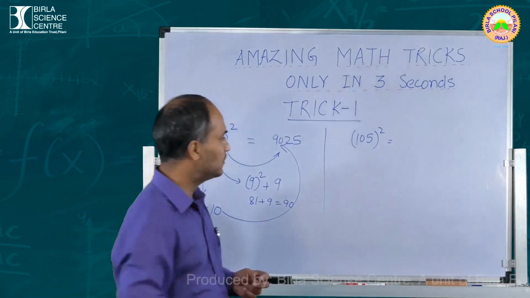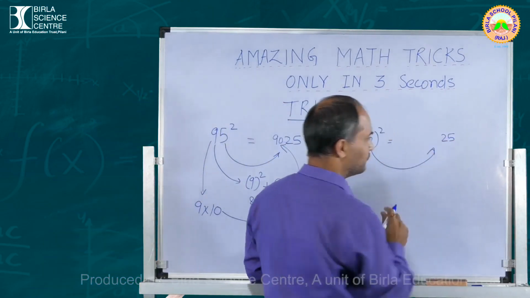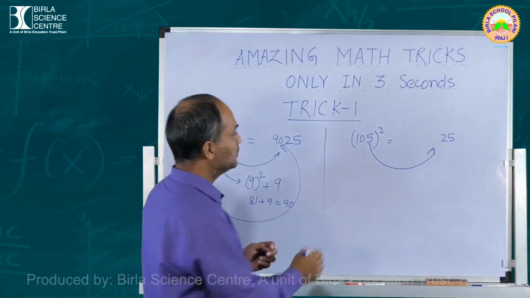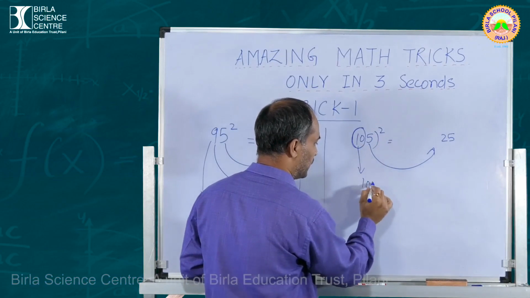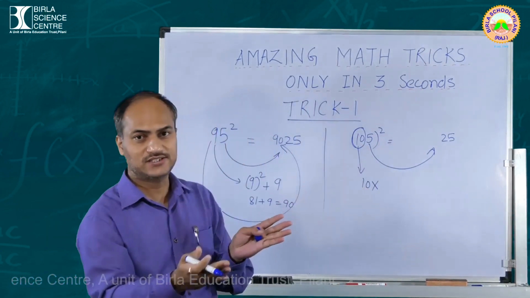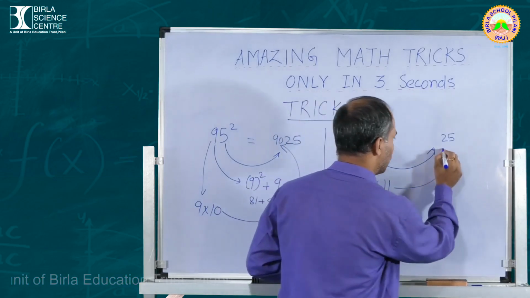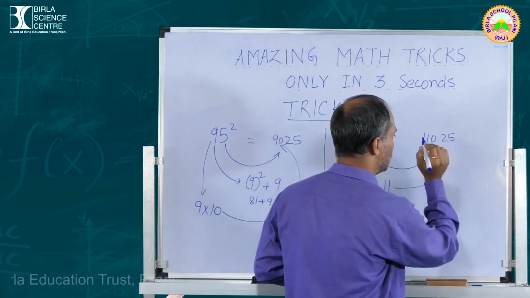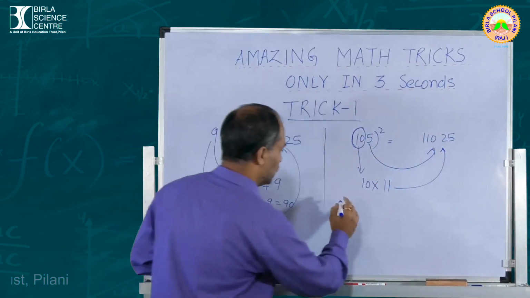The same procedure we are applying. 5 square will give us 25 and the initial two digits, we will multiply with the next digit. It means 10 into 11 will give us 110. So this is the square of this number.